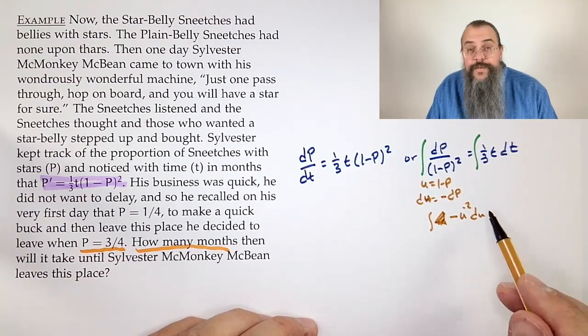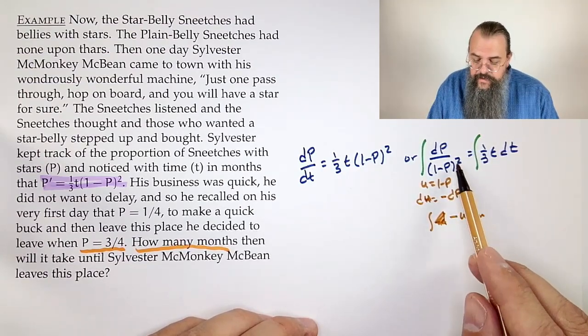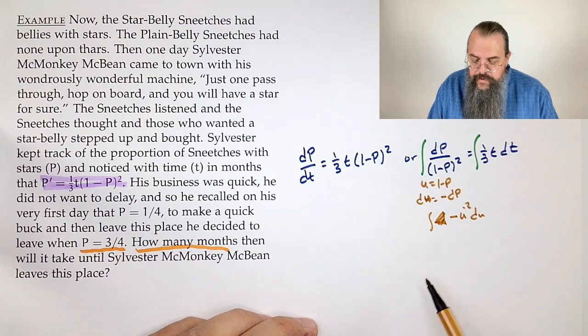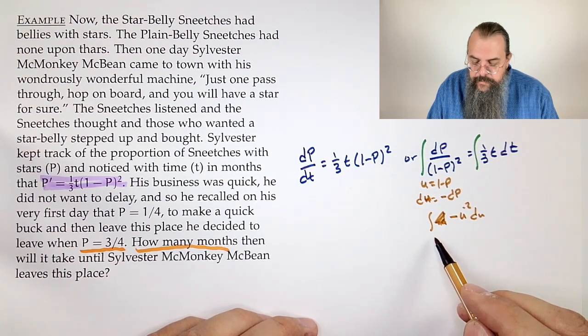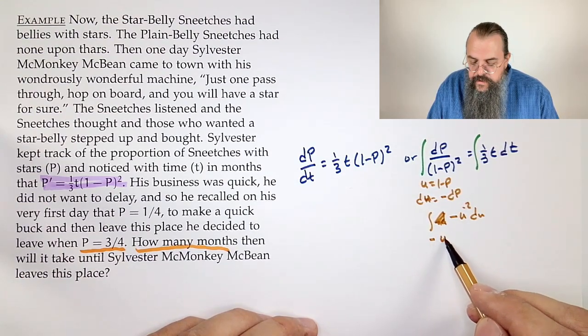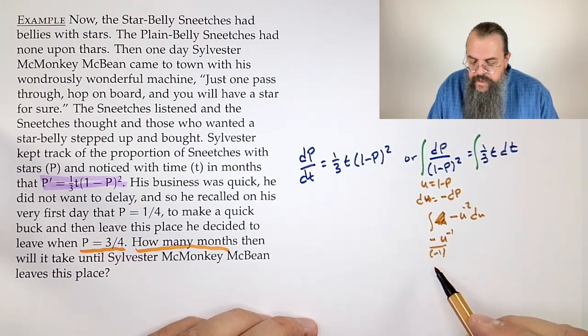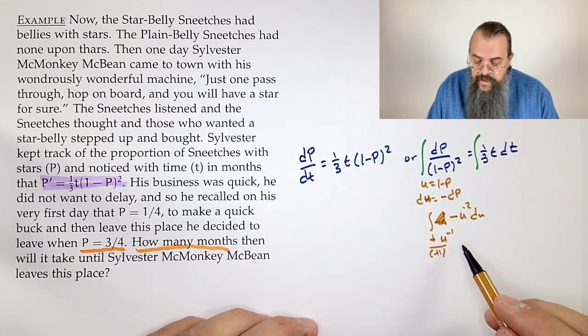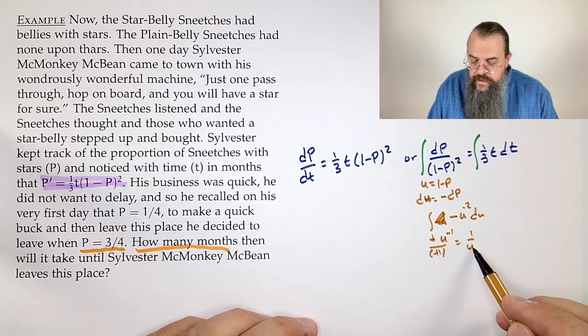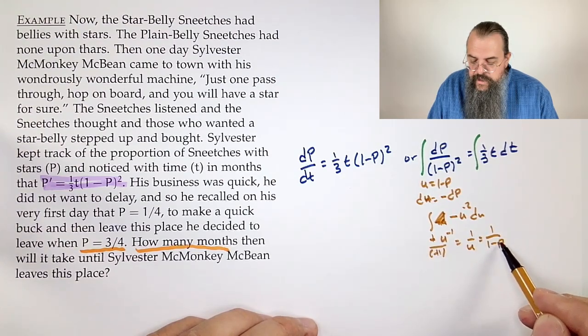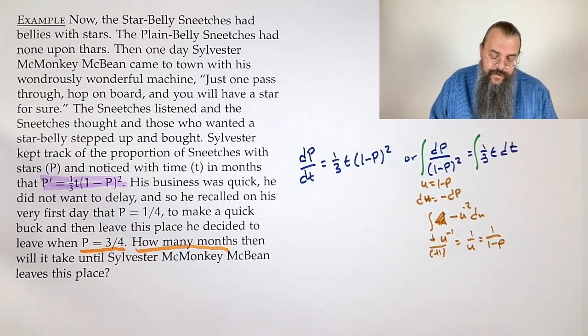And all right, that's a pretty straightforward integral. The downstairs becoming a minus exponent. And so this becomes a minus u to the minus 1. And then you divide by minus 1. And of course, minus becomes plus, which is 1 over u, which is 1 over 1 minus p. So if you're being very cautious, that's what you would do.